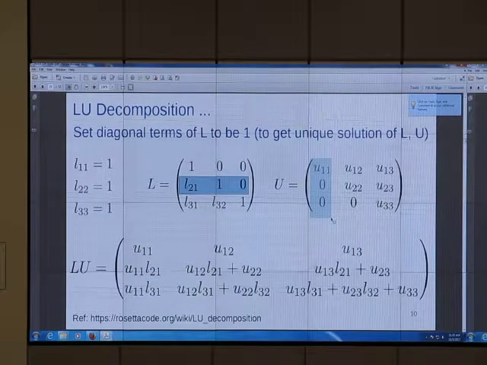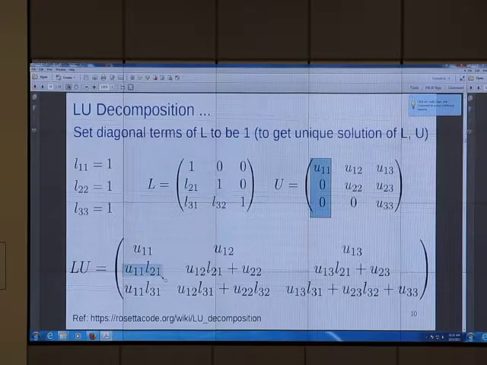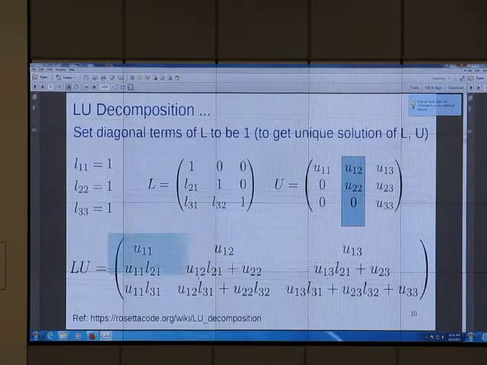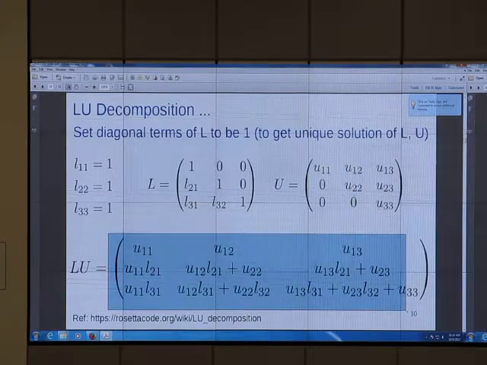Second row, first column: L21 multiplied by U11, plus 1 multiplied by 0, plus 0 multiplied by 0. So which is this. Good. For second term, we have this multiplied by this. So basically, after you do everything, we get that matrix.